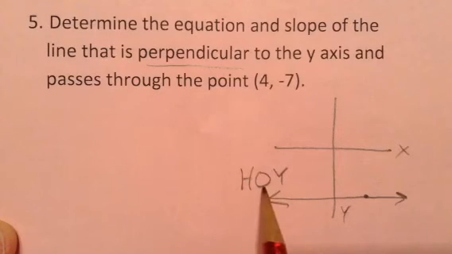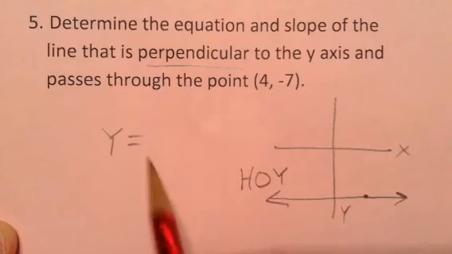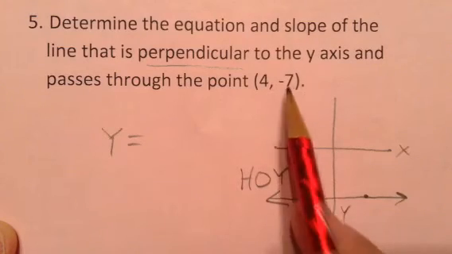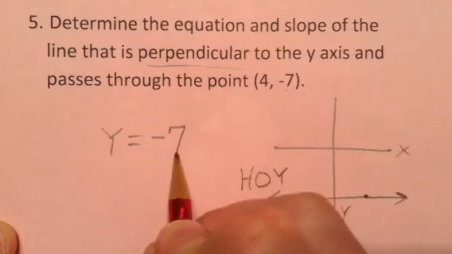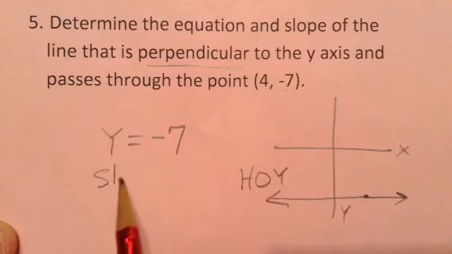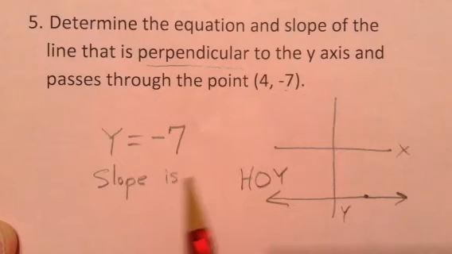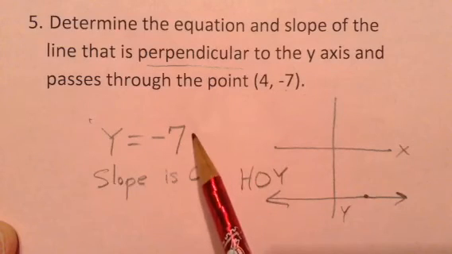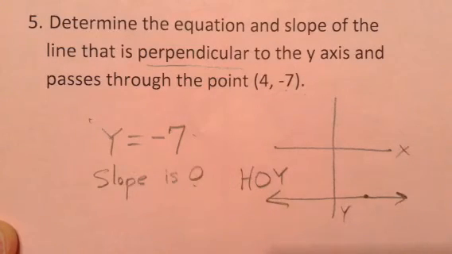Horizontal lines have a slope of 0, and the equations start with y equals, which is my y coordinate. The slope is 0. There's the equation of the line, there's the slope.